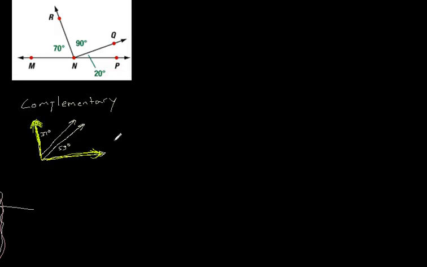Well, for a complementary angle, I would say, hey, up above in this diagram, angle MNR, 70 degrees, and angle PNRQ are complementary angles. When added together, 20 plus 70 is 90.